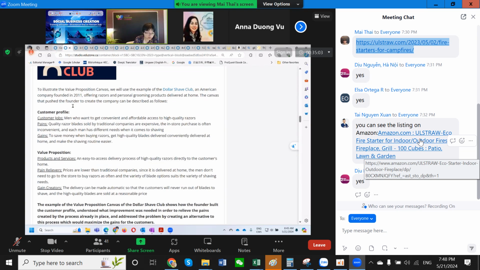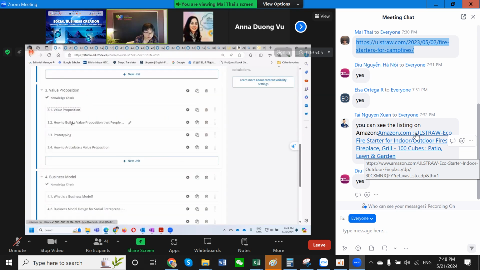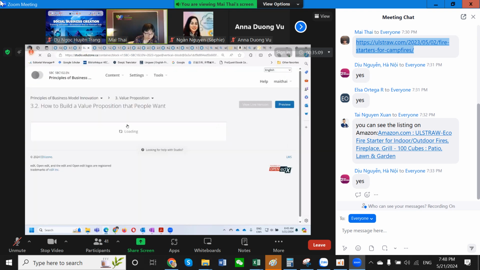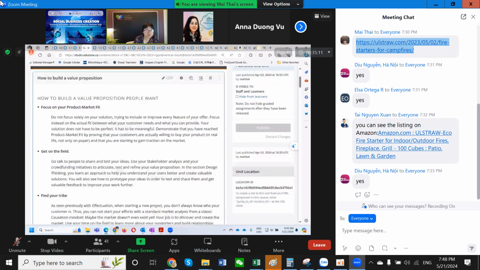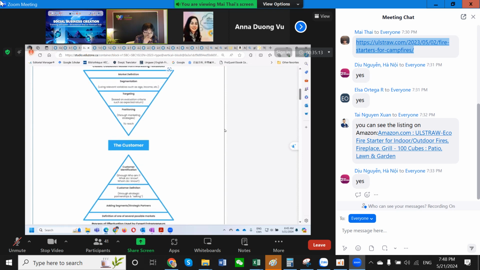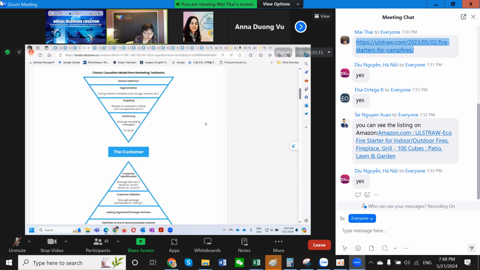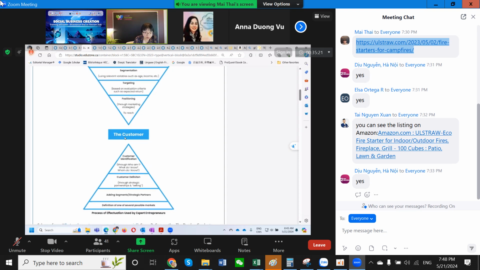And then you have to focus on the customer, it is the very important point, that you have to be customer centric if you want to sell your product.